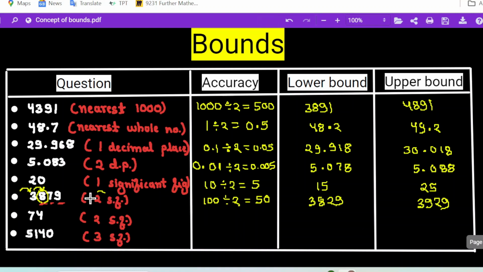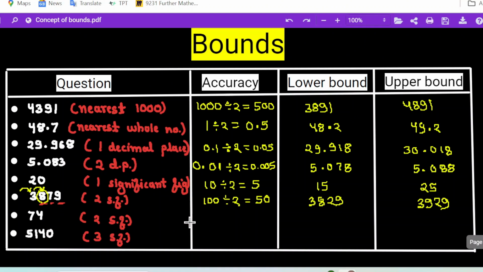That is the reason why I have given two similar questions. Try solving this one to two significant figures. The degree of accuracy would not be the same because you have to figure out which place we are talking about. So pause the video, give it a try, and then check your answer.